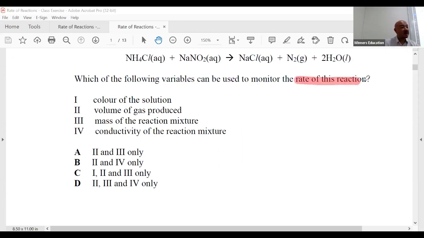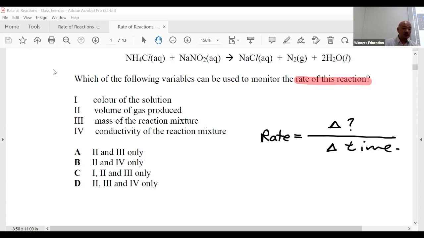Rate of reaction. Remember my first 5 minutes of the topic? What is rate? Rate is change in something over change in time. So time uses a stopwatch. Everyone knows a stopwatch.